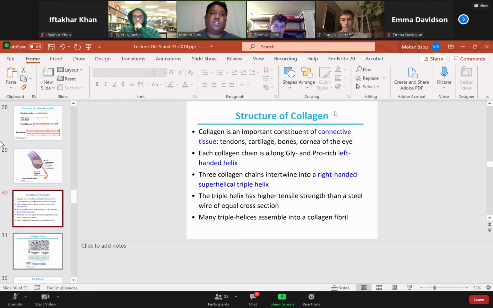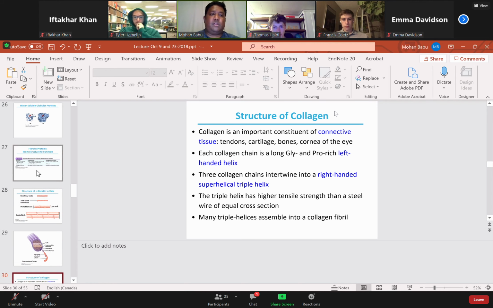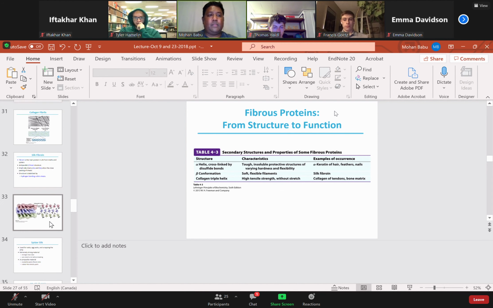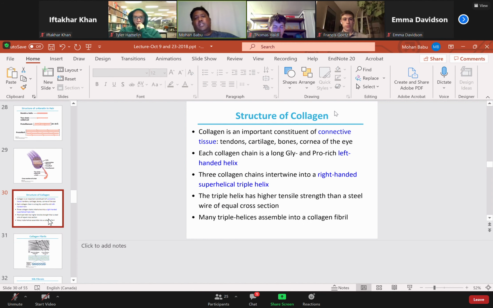So the structure of collagen is one example of the fibrous proteins, okay? We talked about alpha keratin, and we're talking about collagen right now. Collagen is an important constituent of the connective tissues. For example, it is present in tendons, cartilage, bones, cornea.